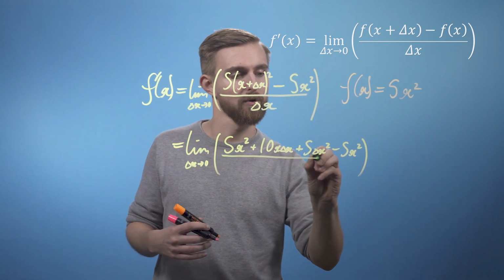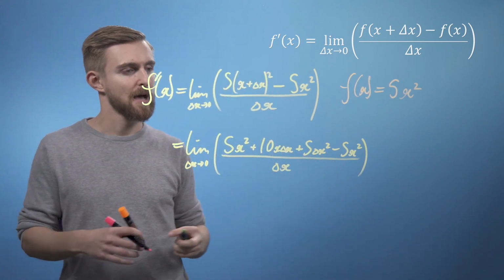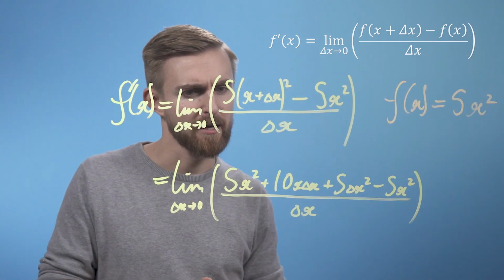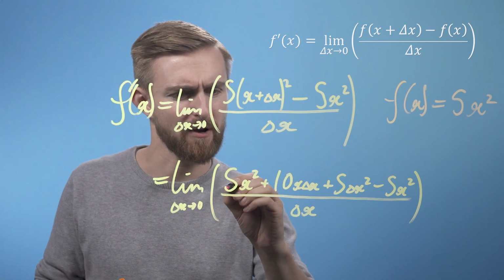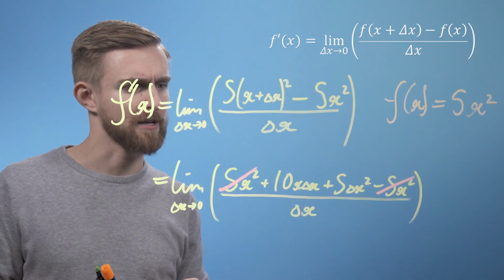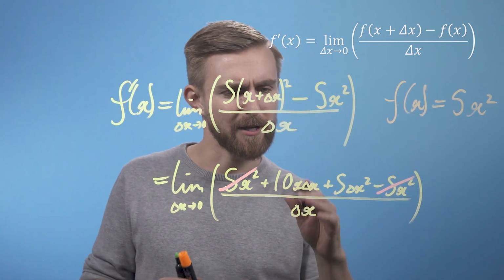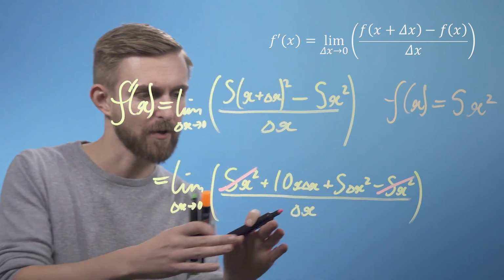And all of that is divided by delta x. And now what have we got on this top row here? So we've got a pair of 5x squareds, so we can get rid of those because it's 5x squared and minus 5x squared over here. Okay, and we can also see that we've got a delta x in both the top terms and also in this bottom term here.